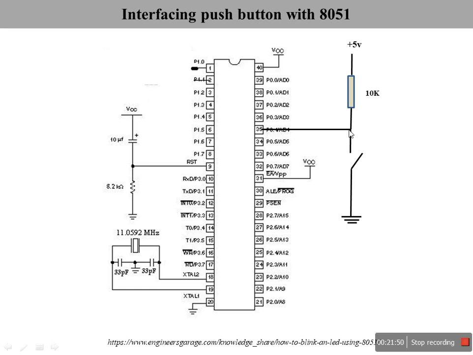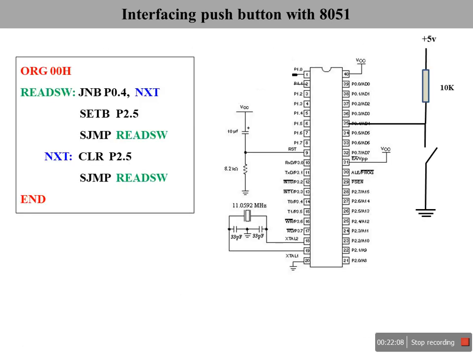I connect one end of the push button to the 5th pin of port 0, the same point is connected to the power supply through this resistor, and the other end of the switch is connected to the ground. This is the hardware setup, and let's look at how we can read the status of the switch through a program.